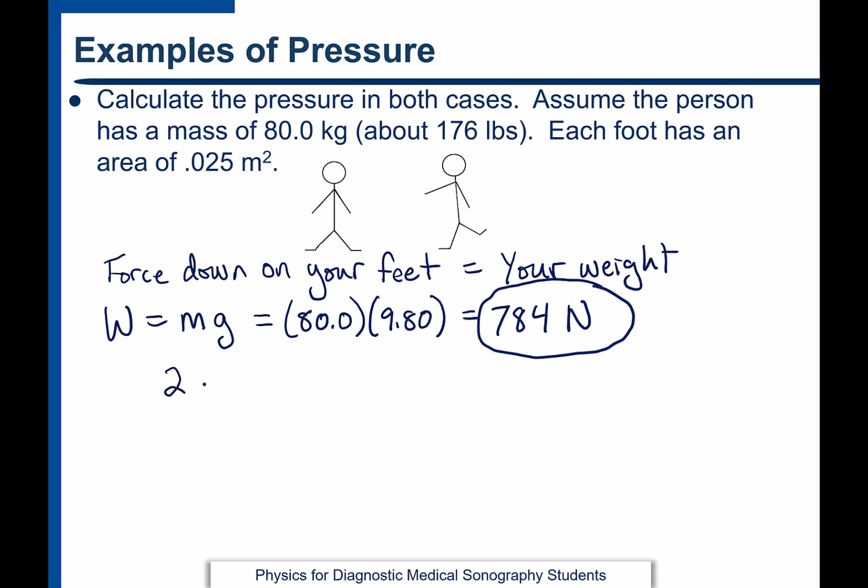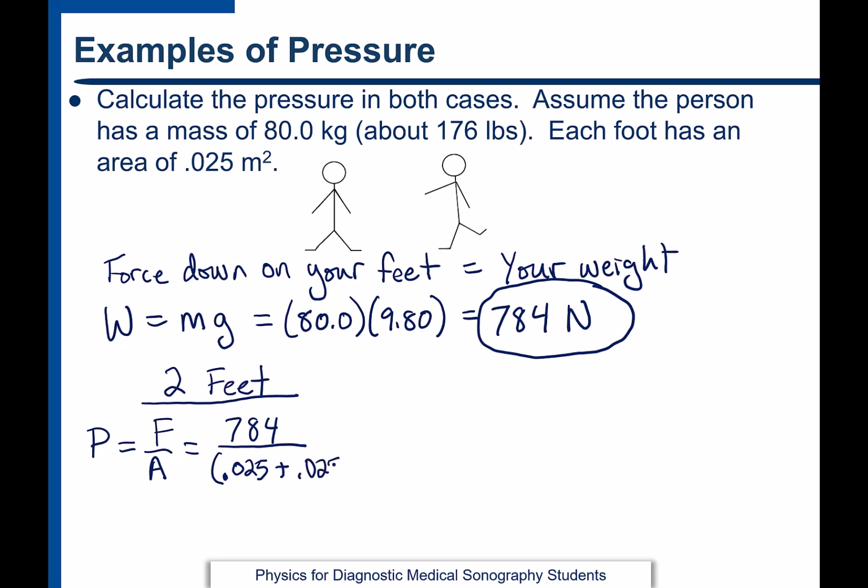So now let's look at the pressure in the two different scenarios. If we look at standing on 2 feet, to calculate the pressure, we would simply take the force and divide that force by the area. So in this case, we've calculated the force as 784 newtons. We know that the area of each foot is 0.025, but we've got 2 feet now, so that's 0.025 plus 0.025 in the denominator.